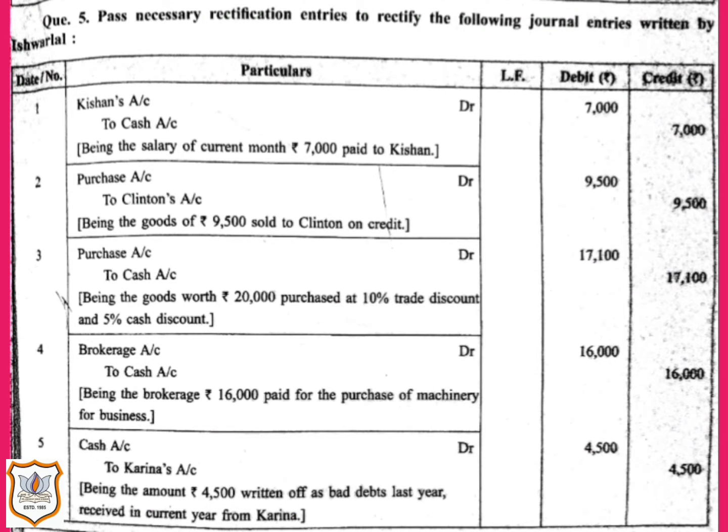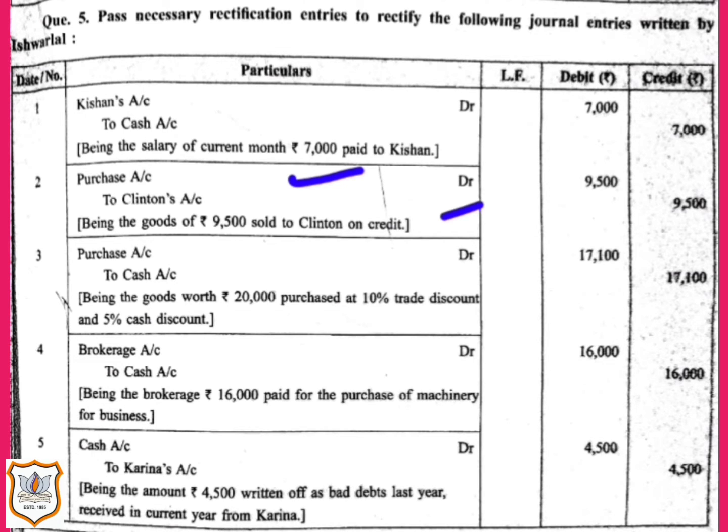Here it is, purchase account. In the second journal entry, purchase account is debited by rupees 9,500 and Clinton's account is credited by rupees 9,500. But in the narration it is given that being the goods of rupees 9,500 sold to Clinton on credit.